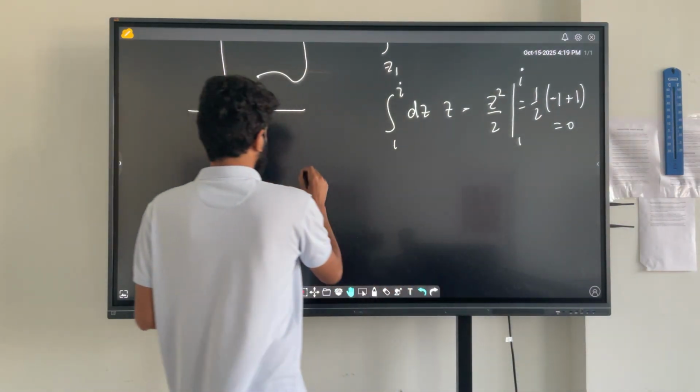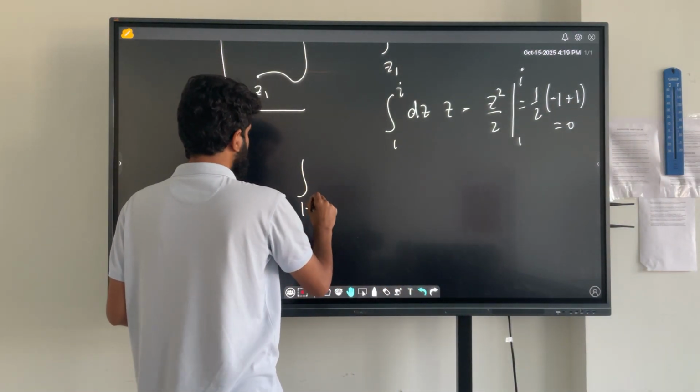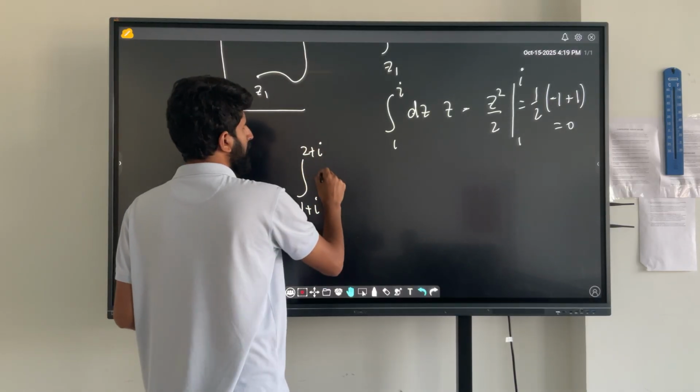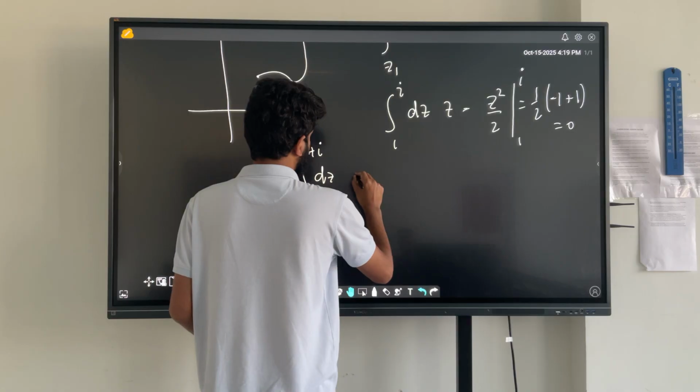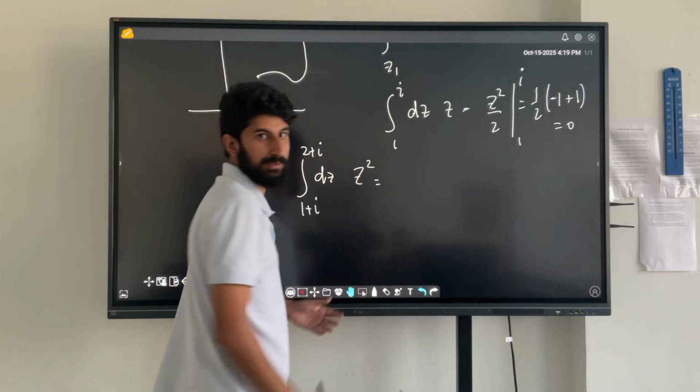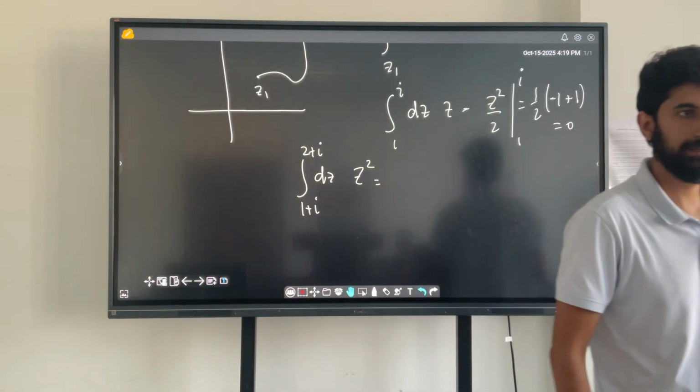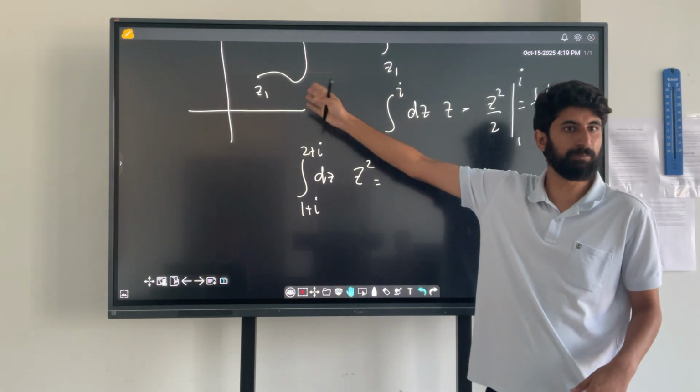Similarly, you can do other stuff. For example, the integral from 1 plus i to 2 plus i of z square dz. How do you do it? This has a well defined answer, even though I didn't give you the path.